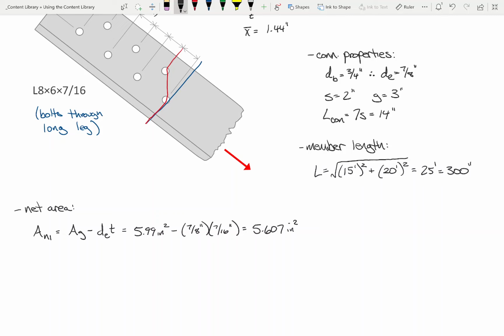Okay. Now, what's my formula for the second net area going to be? How many holes? 2. Right? So we have the gross area minus 2 bolt holes plus 1 stagger factor for 1 diagonal path.